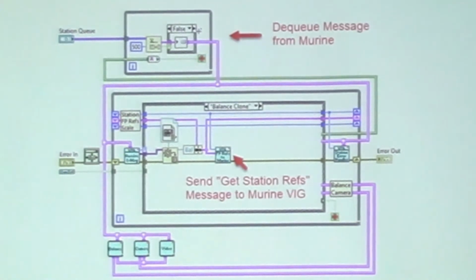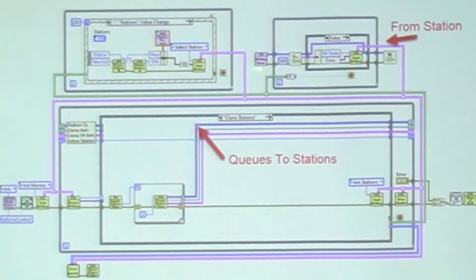So, for example, we might have sent the message: we want to know the balance clone's address. So we come in here. It sees we want that. We want balance clone. Okay, send it. There's the InvisiQ. We're putting front panel references to Murine, and so in the Murine case, it'll come up here. We take it off, and we put it in.